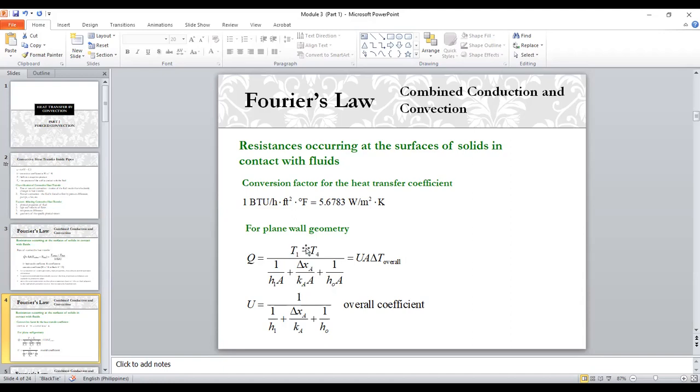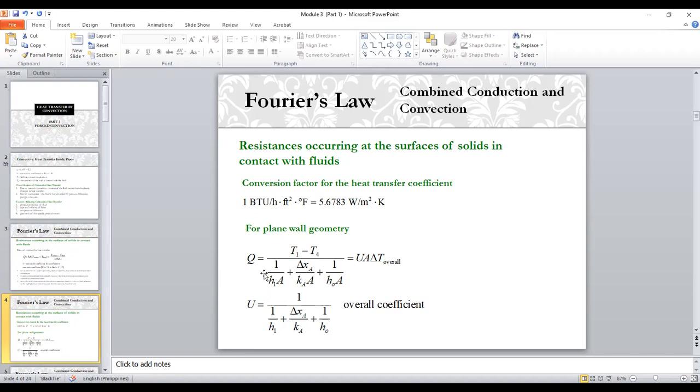I think it's very easy to check which is a resistance accounting for conductive heat transfer and which are resistances accounting for convective heat transfer. By the fact that you are seeing here a K, this is conductive resistance already, and you have the thickness here.